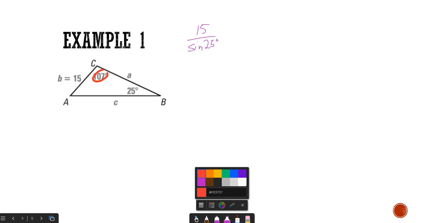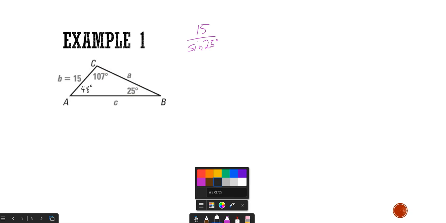We have 107 and we have 25. So to find a third angle, I can add them together. 107 plus 25 is 132, and then subtract that from 180. So the third angle is going to be 48 degrees. So I have all three angles.